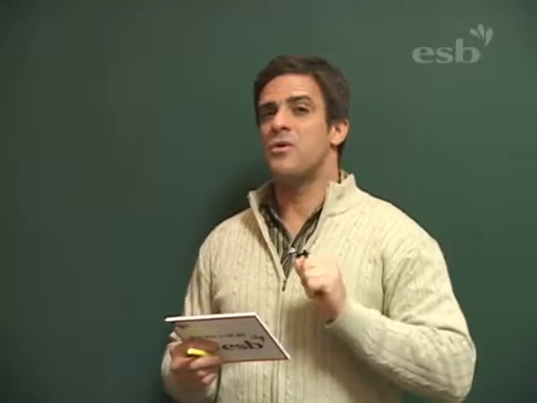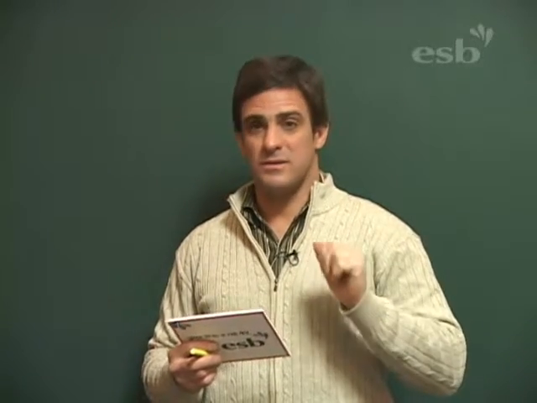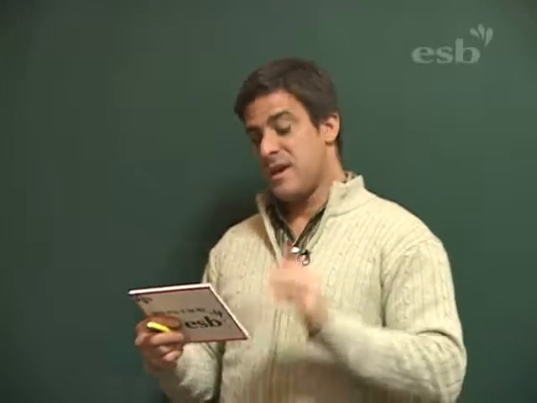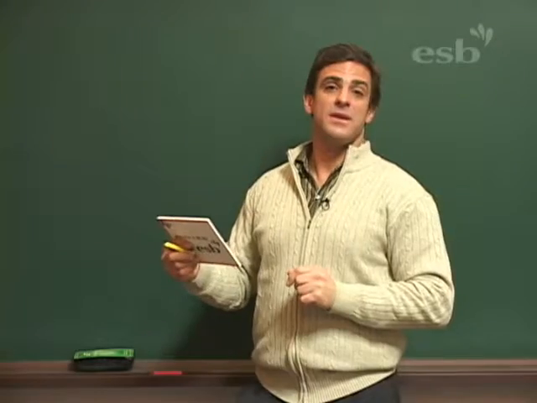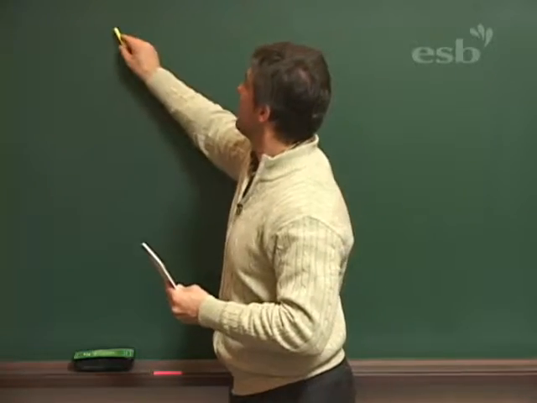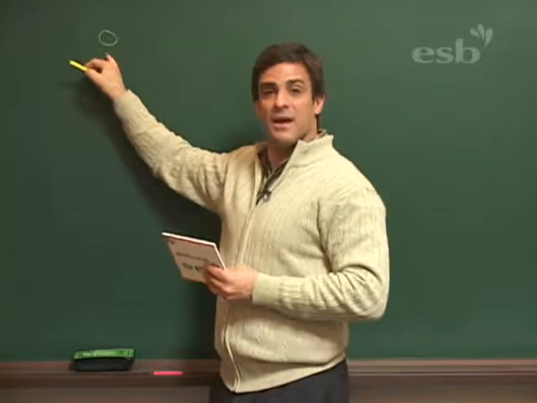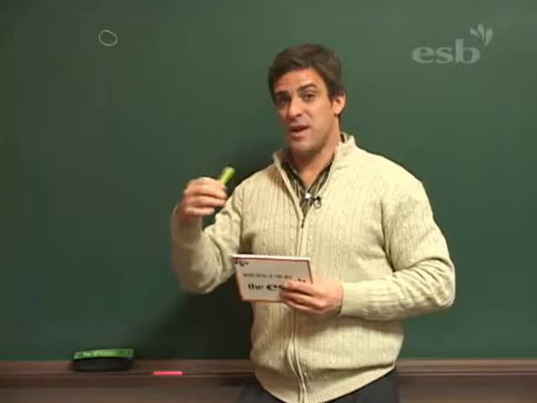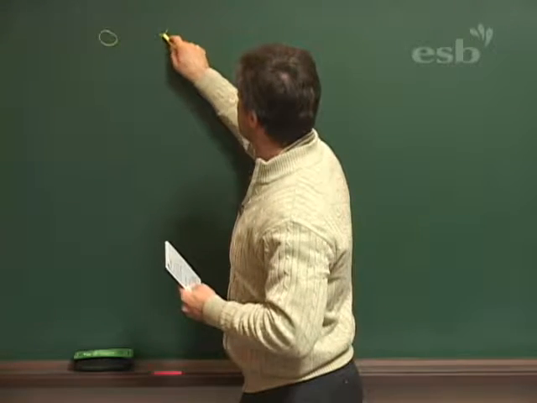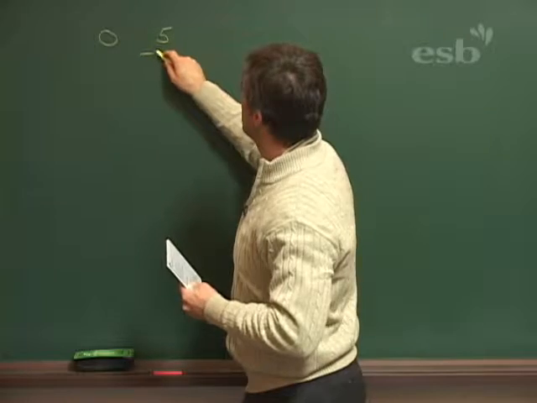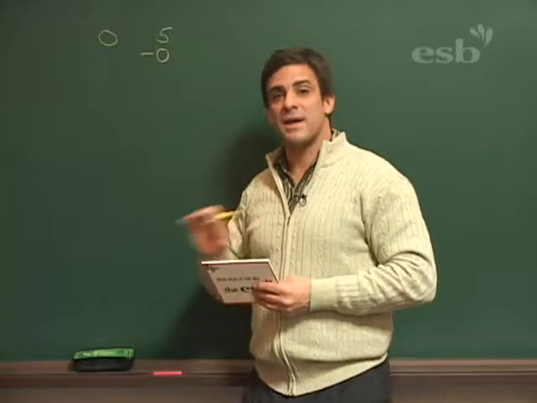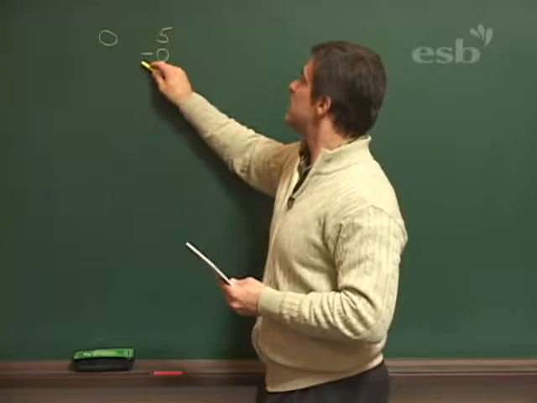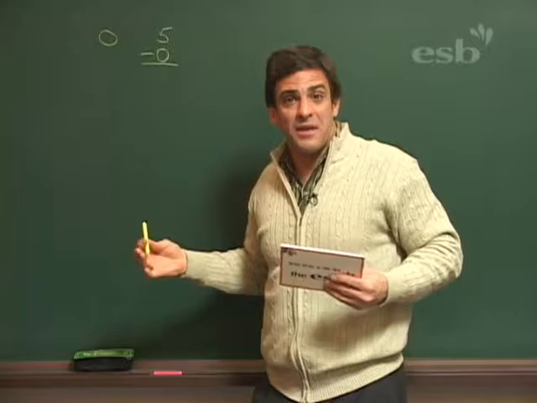Now, there's a couple more key points I want to give you. First, if you subtract 0, it means you subtract nothing. Here we have 0. 5 minus 0, 5 minus nothing.